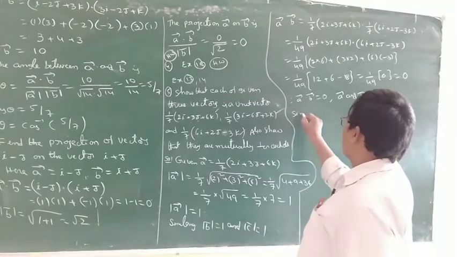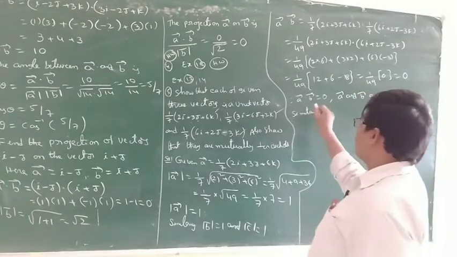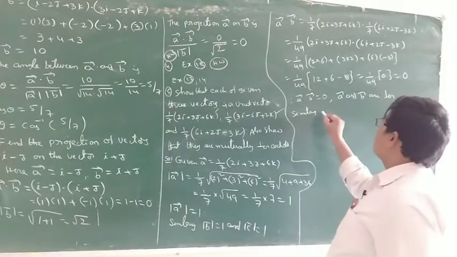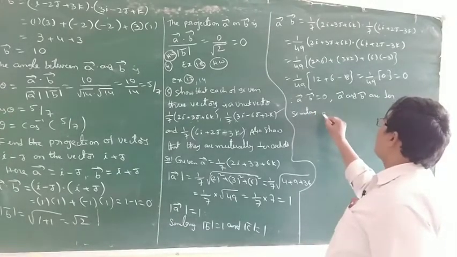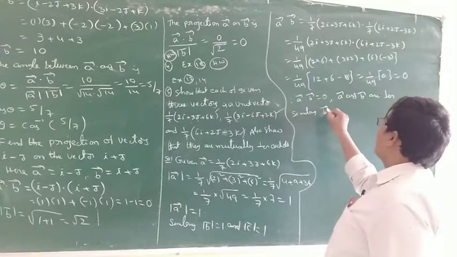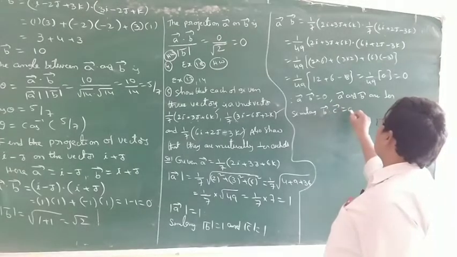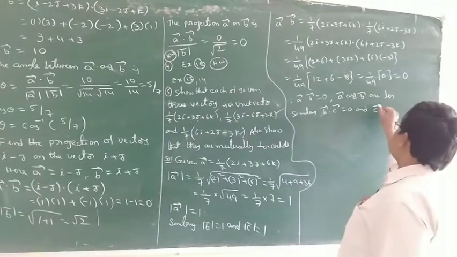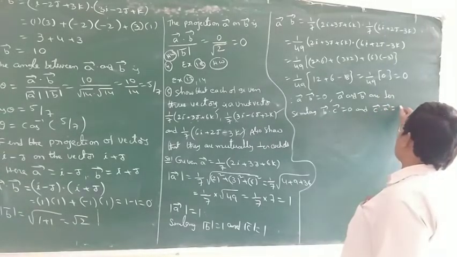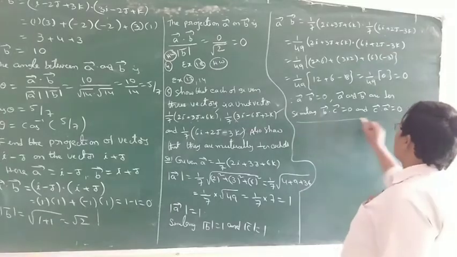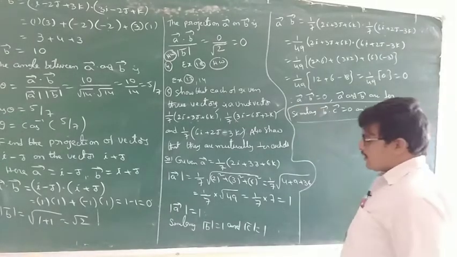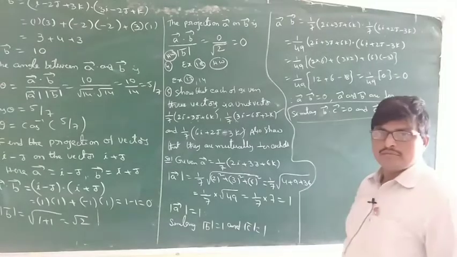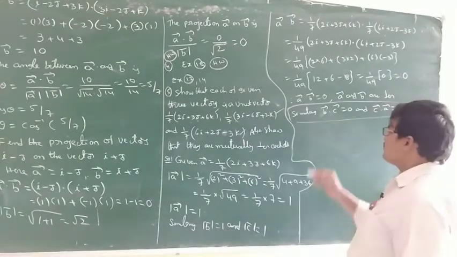Similarly, you have to do the rest as homework. Similarly, b bar dot c bar is equal to 0 and c bar dot a bar is also 0. And mod a bar, mod b bar, mod c bar are equal to 1. You have to prove these.